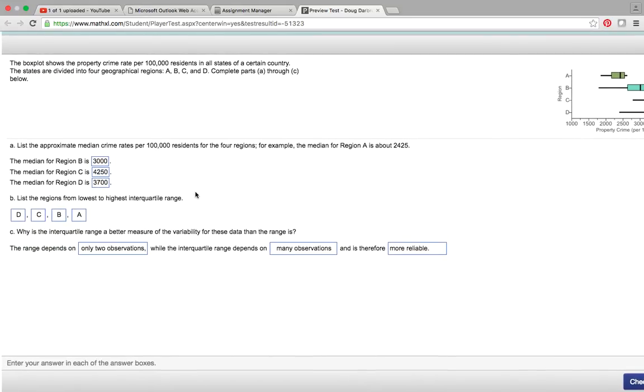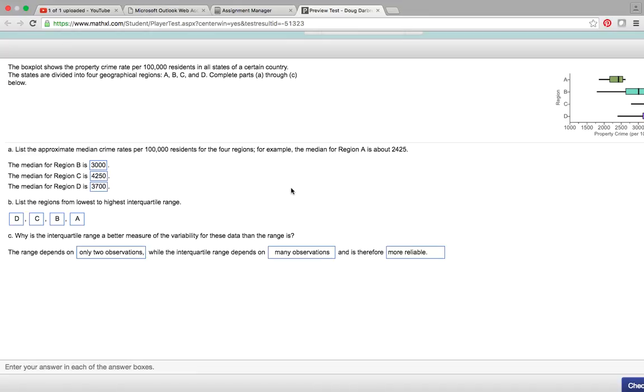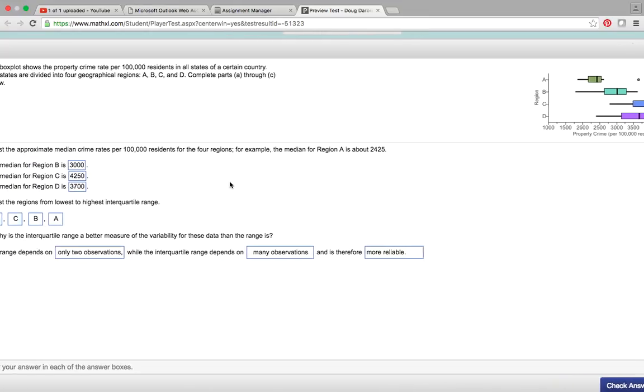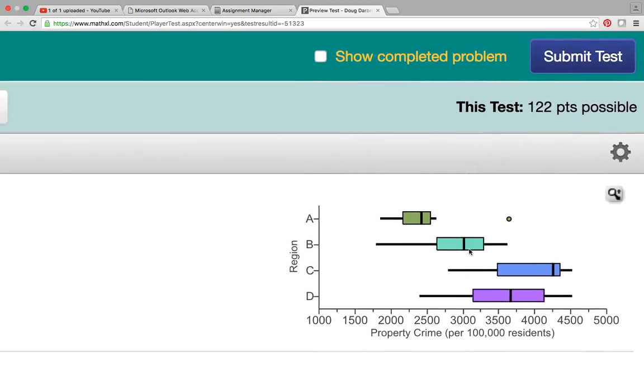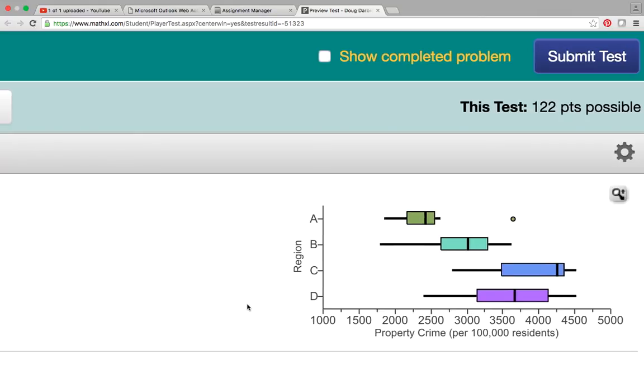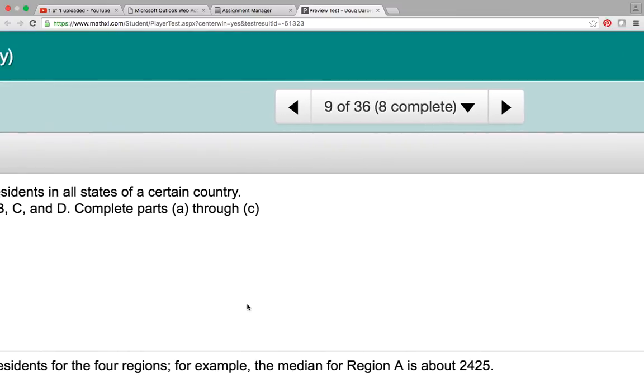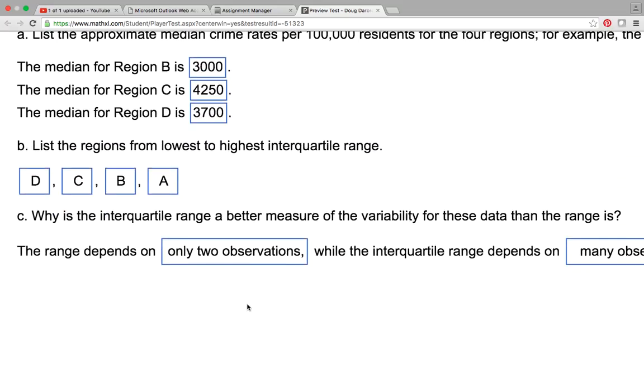I would say more than likely the median is where we're having problems. So the median for B, gosh, is it really giving me that much problem? 3,050 maybe.